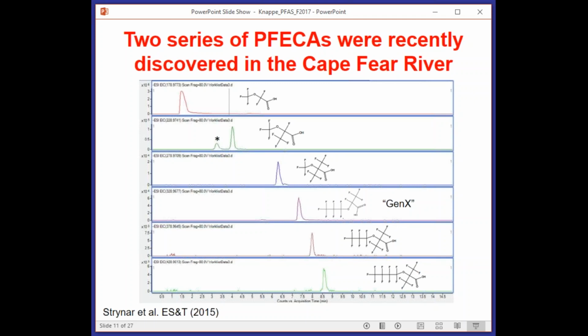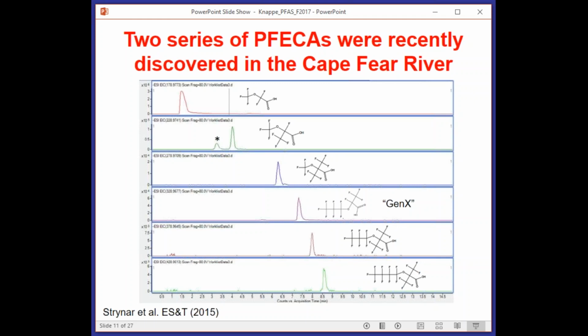And so towards the bottom there, we have GenX labeled. So GenX has been in the news of late. GenX is a 6-carbon perfluorinated ether, and it is a replacement compound for PFOA. So PFOA was a surfactant that was used to make materials like Teflon or Gore-Tex, for example.